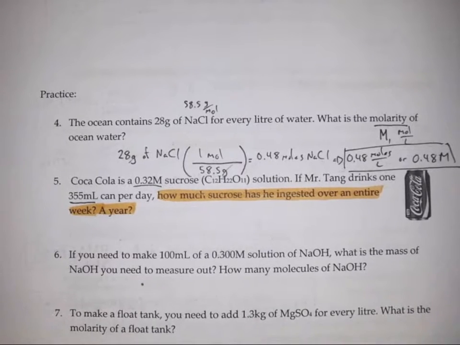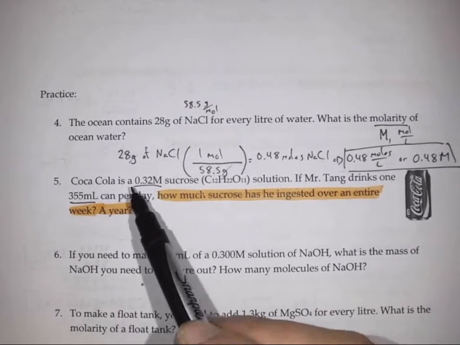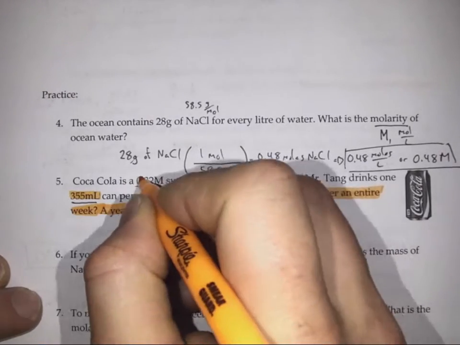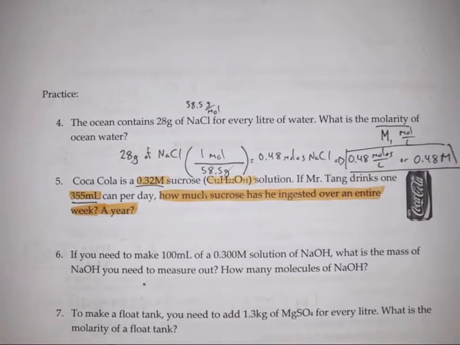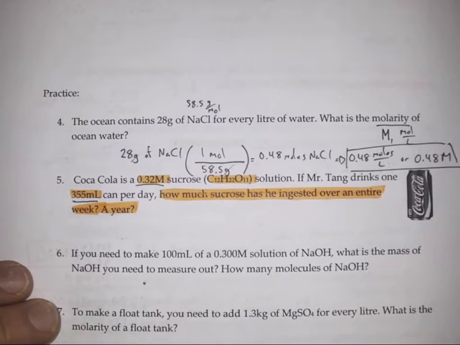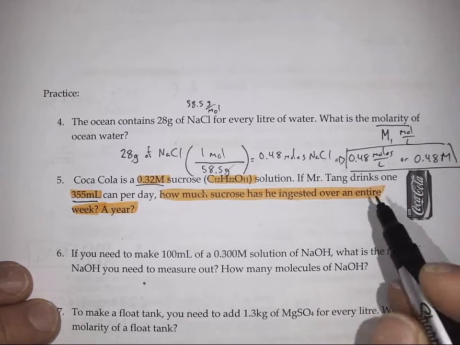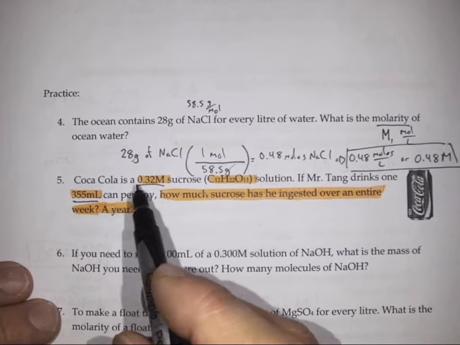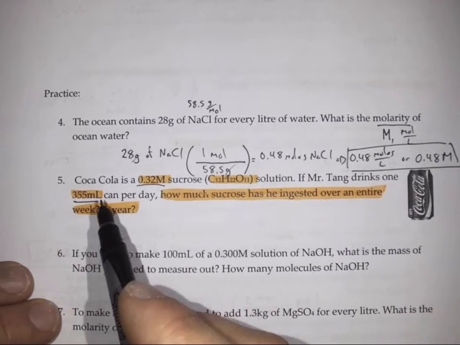So where do we start, though? We have so much information. But let's use our good rule of thumb, which says start with the thing that is specific to our example. And in this example, we're talking about a 355 ml can of Coke, as opposed to a liter of Coke or something like that.